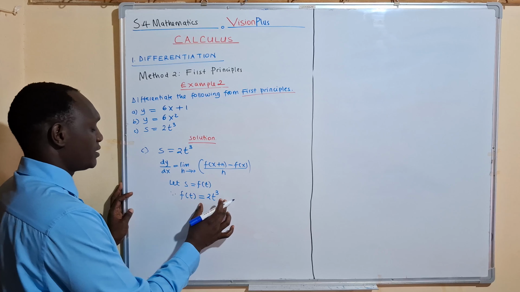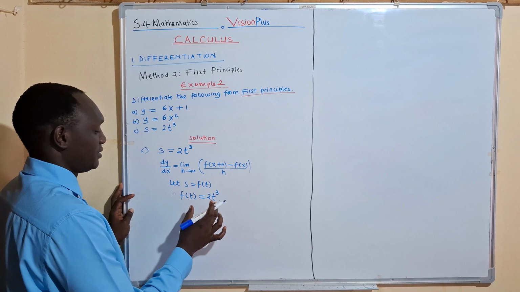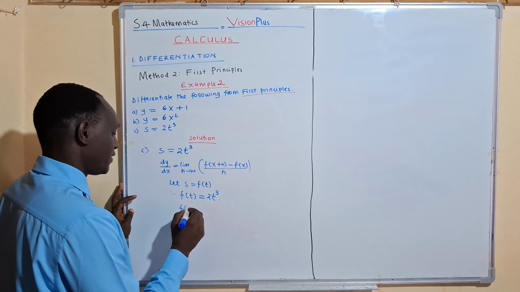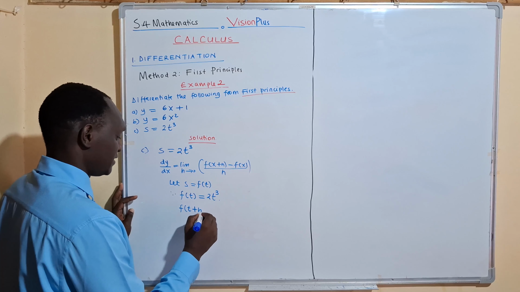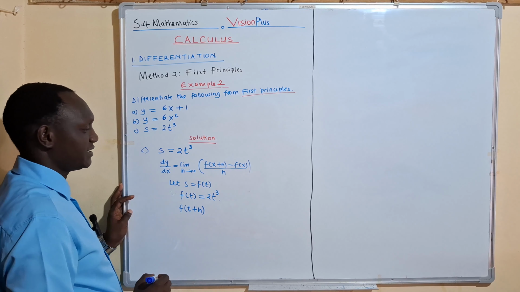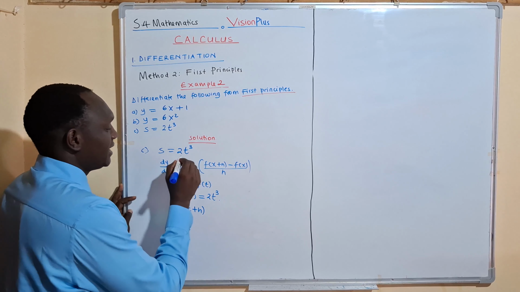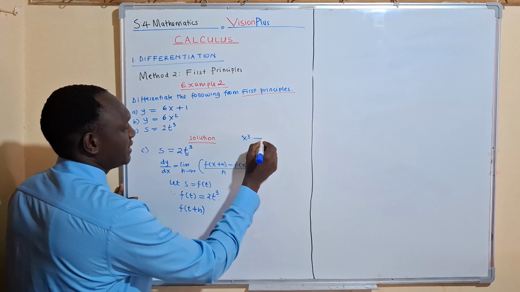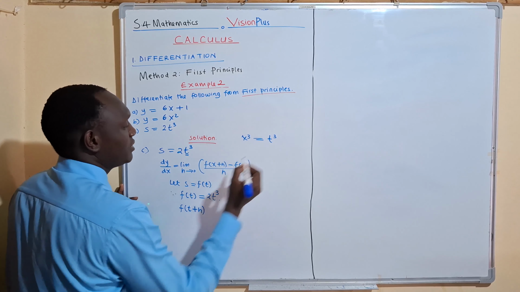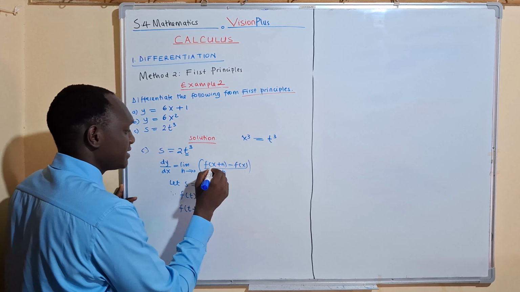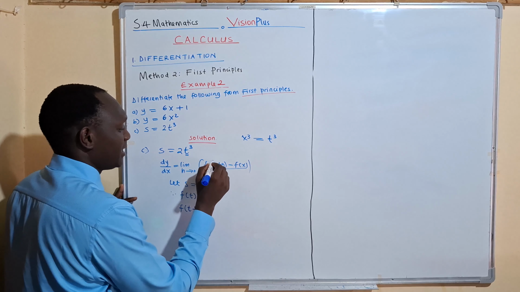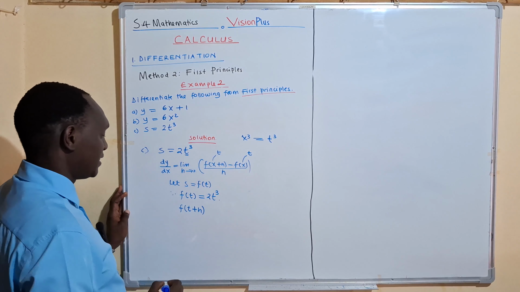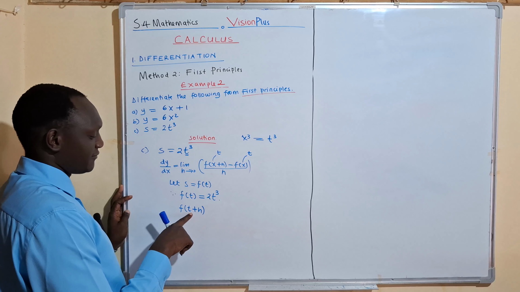Now, what about the function f of t plus h? The difference here is that instead of x cubed, it is t cubed. So where we find x, we shall put t.